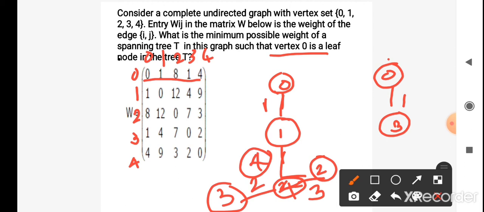Total weight: 3 plus 2 is 5, 5 plus 4 is 9, 9 plus 1 is 10.